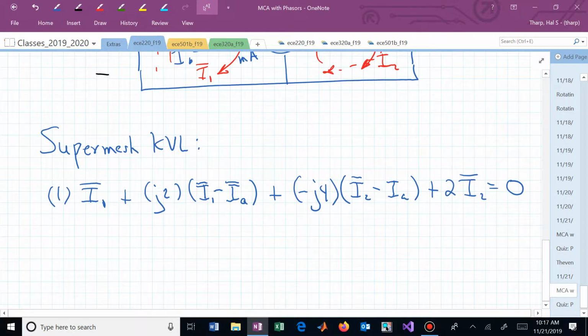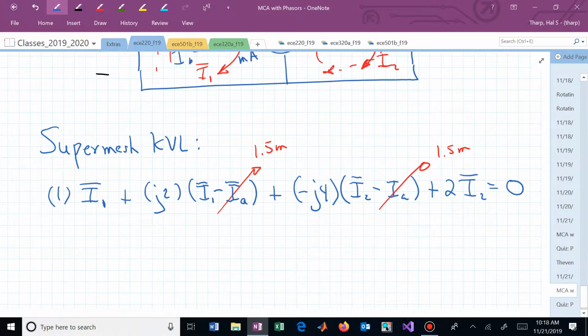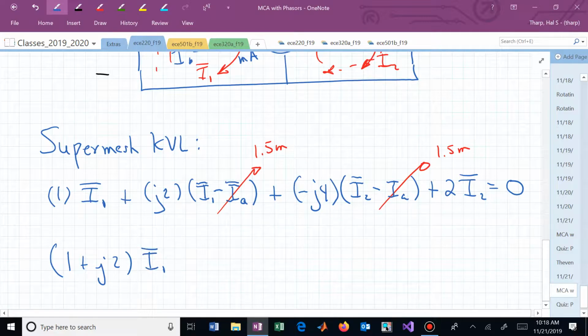I can get rid of these known terms, these are 1.5 milli. I can put those on the other side, and let me collect my I's. I have a real part plus a j2 scaling I1. Scaling I2, I have a 2 plus a j2 minus a j4, 2 minus j4 times I2.